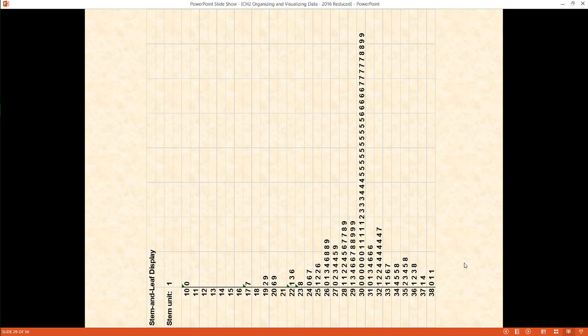So later when we look at shapes of distributions, this would actually be a skewed distribution that's pulling to the left, right? We have more spread to the left than we do to the right. So you can get a lot out of this. And like I said before, if the spacing is the same between all the numbers, and it is here, if you envision these as bars, it's a histogram or a bar chart, right?